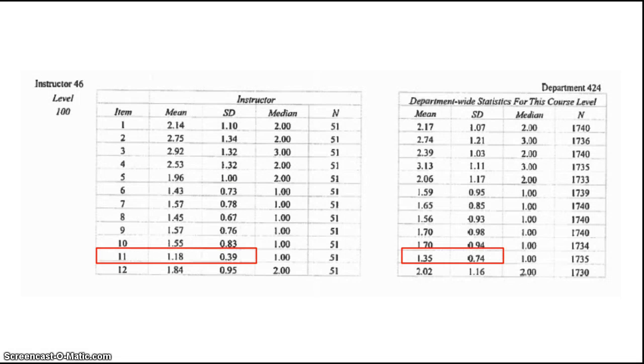Really, the mean for question 11 is the only place where I feel confident about both sides of the data. My mean comes with a super low SD of 0.39, while the department's mean has a respectable SD of 0.74. Checking back to one of the course forms, I see that the question is, "My grade will be determined by papers, test reports, or other appropriate criteria.